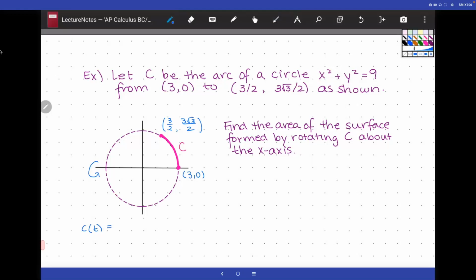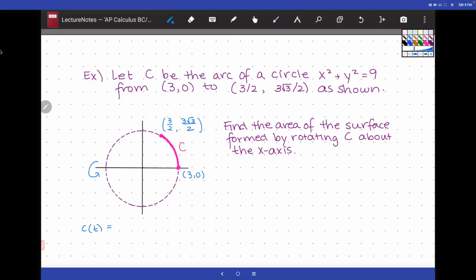So you remember... Yes. The circle with the radius r centered at the origin is r sine theta and r cosine theta. Very good.